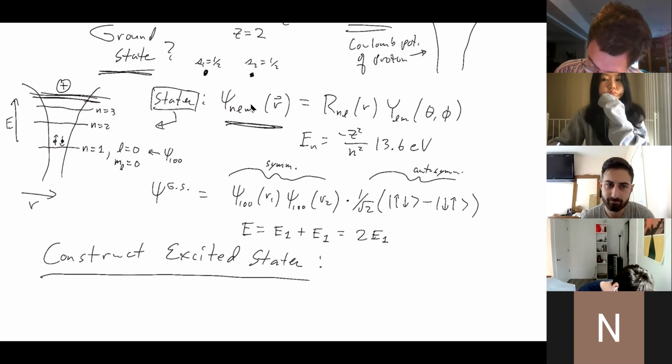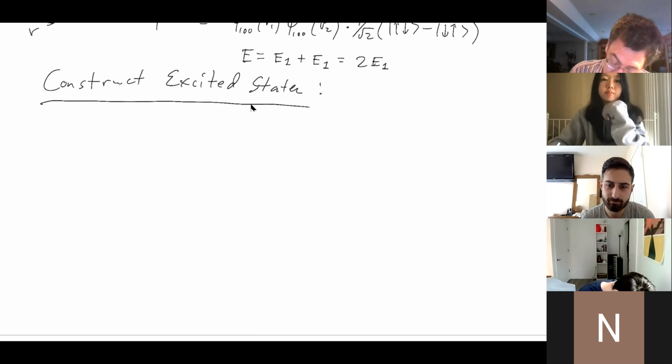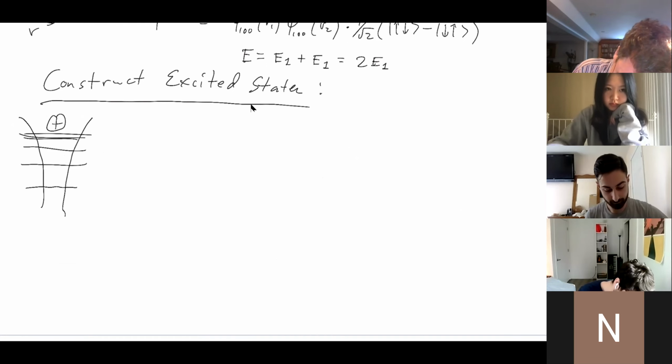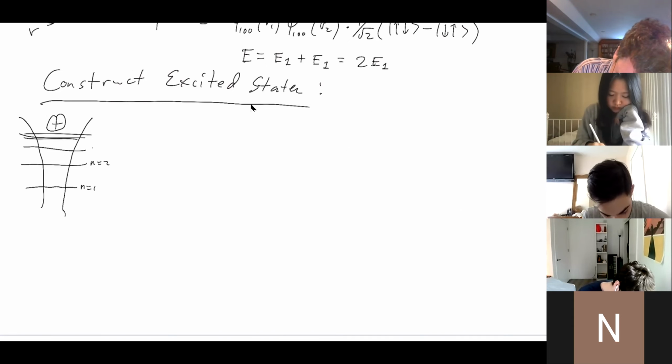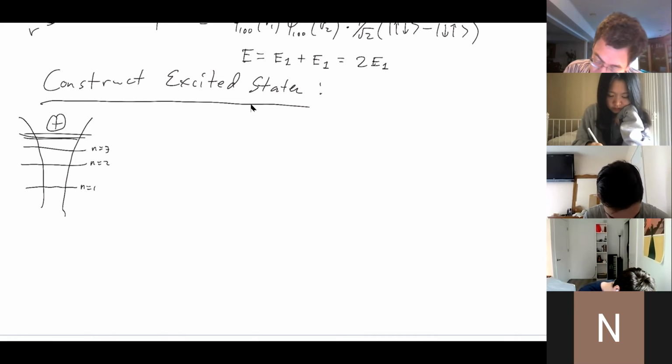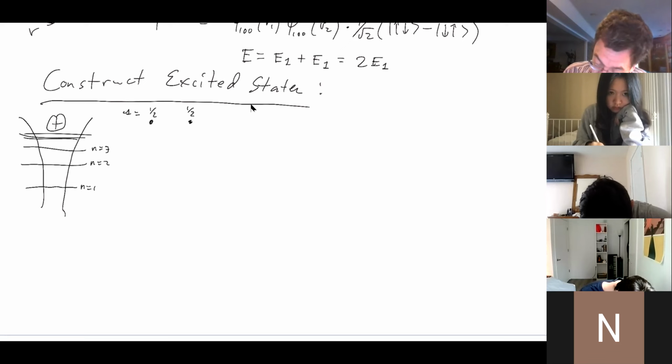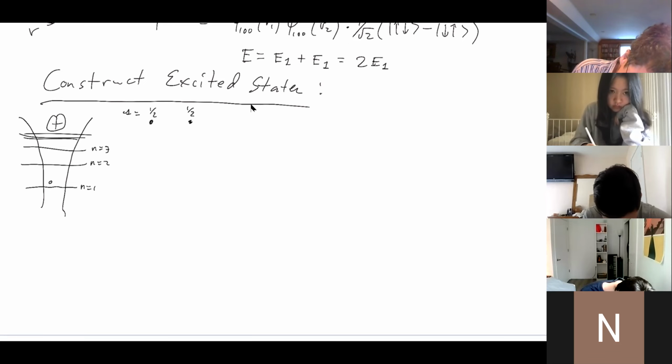Gotcha, okay. So now let's construct the excited states. I have my Coulomb potential, and I have my box, and this is the n equals 1, this is the n equals 2, this is the n equals 3. And so now I have my two spin 1/2 particles. For the excited state, I'm going to put one of them into the lowest state.